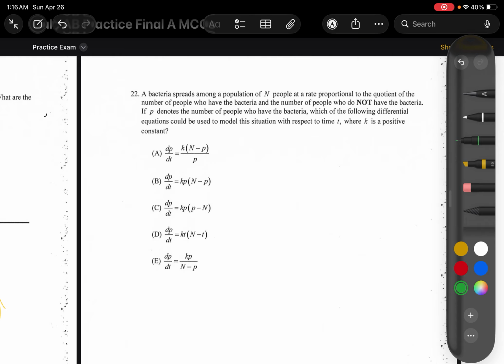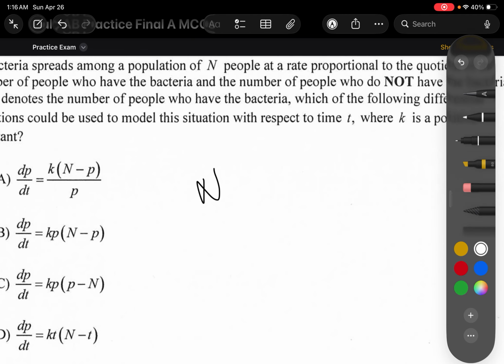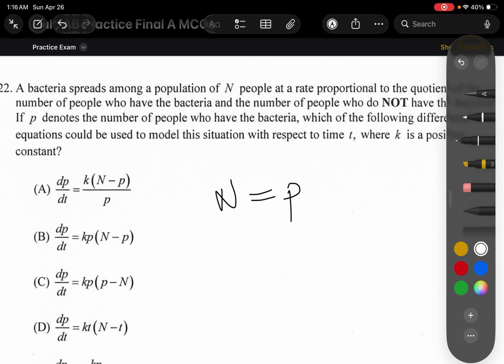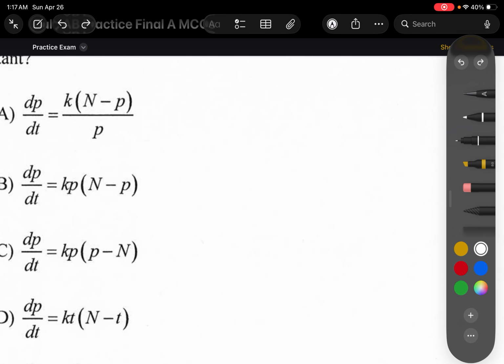So actually no, sorry, dP/dt. We're trying to find the derivative, or the rate, of people who have bacteria and people who don't.